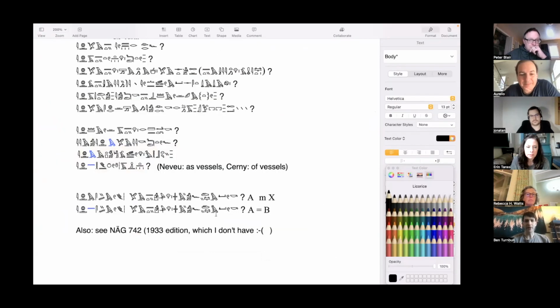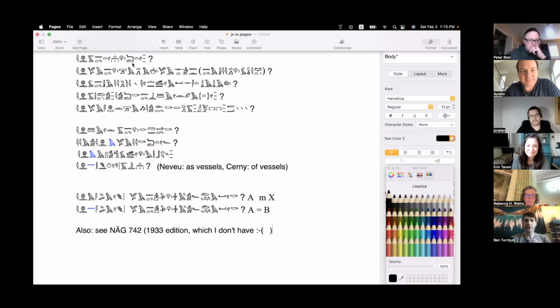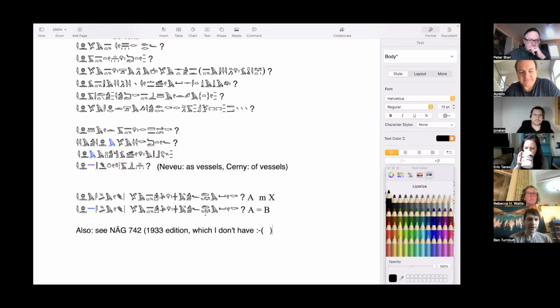No, sure. I'm probably completely wrong, but I was wondering about in Coptic, there's a thing that happens where some sound will change.